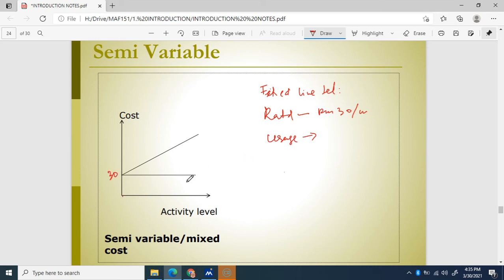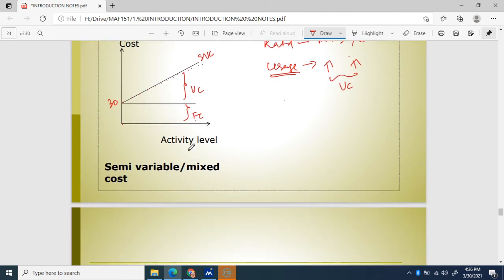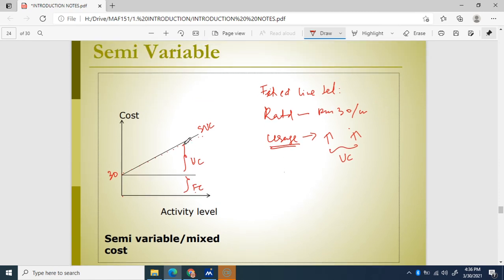But when you use the telephone, that means in terms of usage, if your usage is more, the cost will increase. So this is variable cost. If you start using the telephone, the level of activity increases, so the telephone bill would increase. So it's a combination. This is fixed cost, this is variable cost. So this line is semi-variable cost that consists of variable and fixed cost.